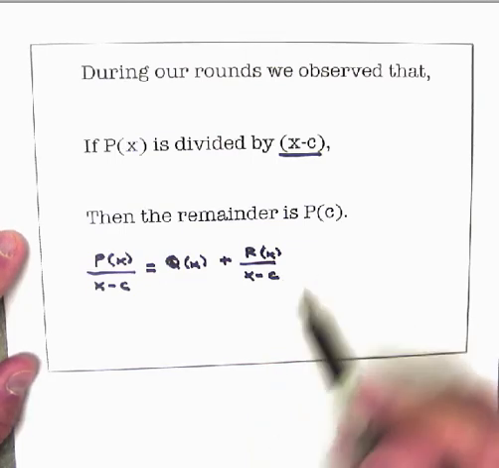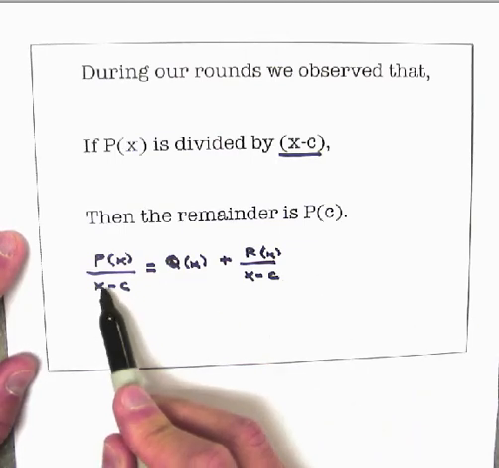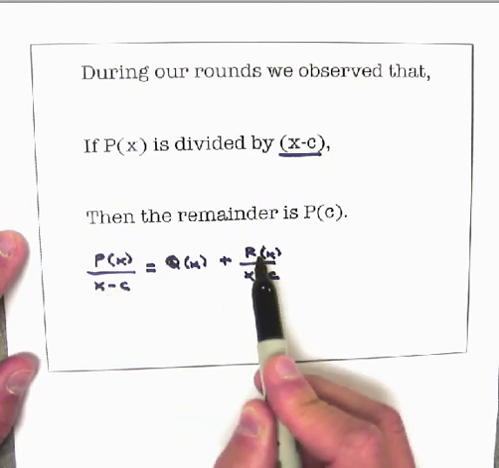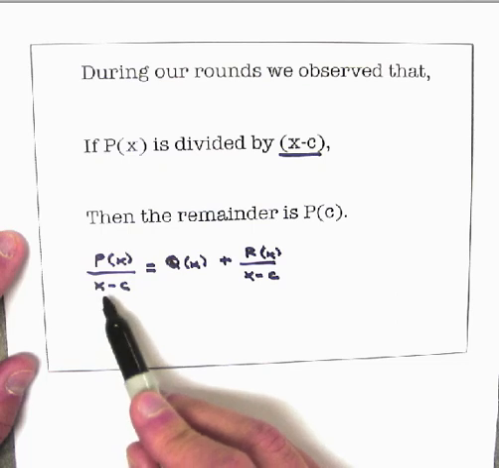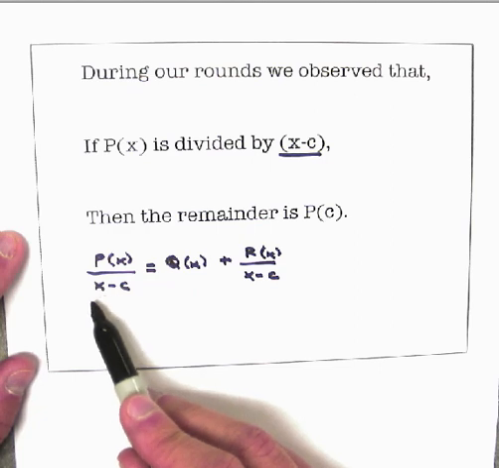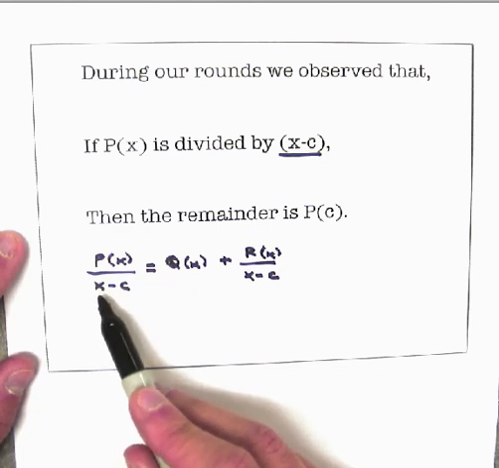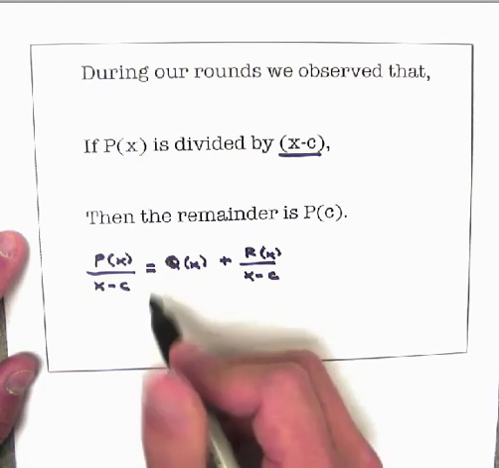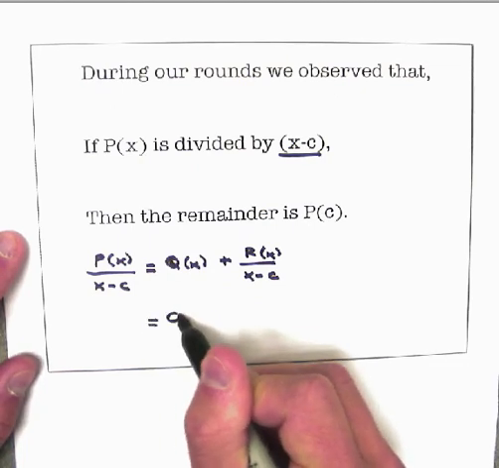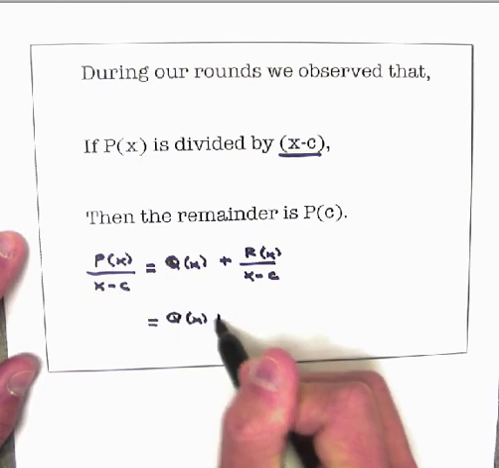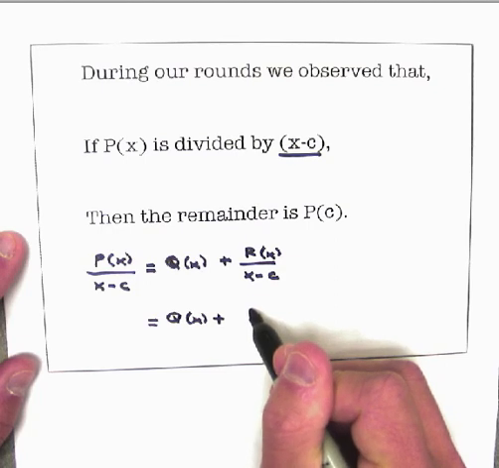When you divide by a linear polynomial, the remainder is always a constant, because x will go into all powers of x except a constant power. So x will go into x cubed, x squared, x to the first, etc. Let's call that constant k.